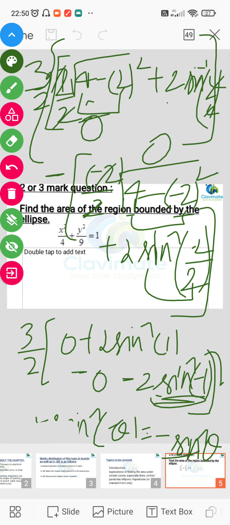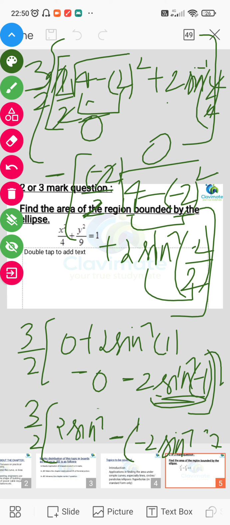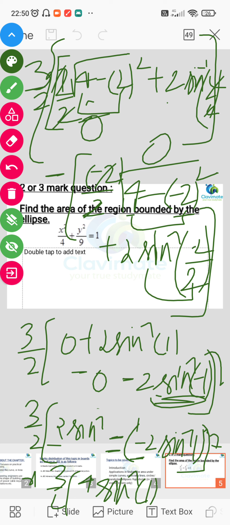Now what I will get is 3 by 2 into 2 sine inverse 1, minus, it will be minus 2 sine inverse 1. Minus minus is plus, so it is 3 by 2 into 2 plus 2, which is 4 sine inverse 1, right?